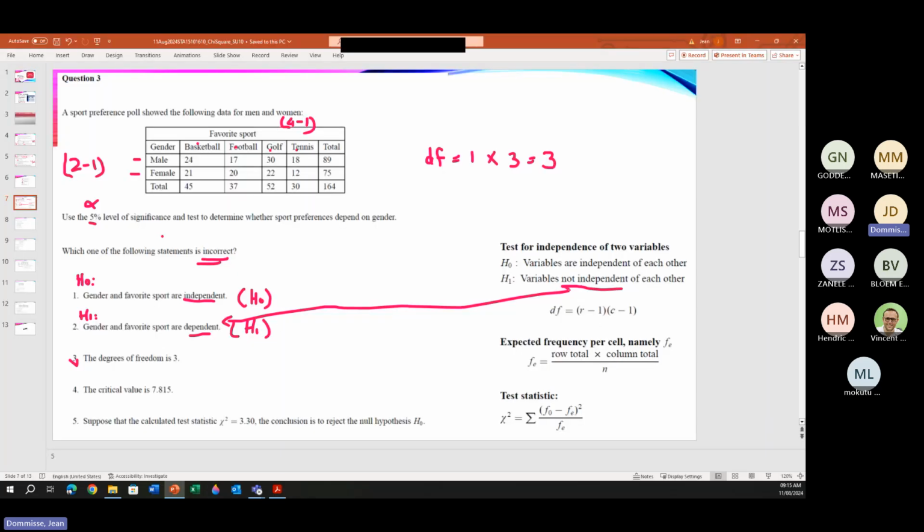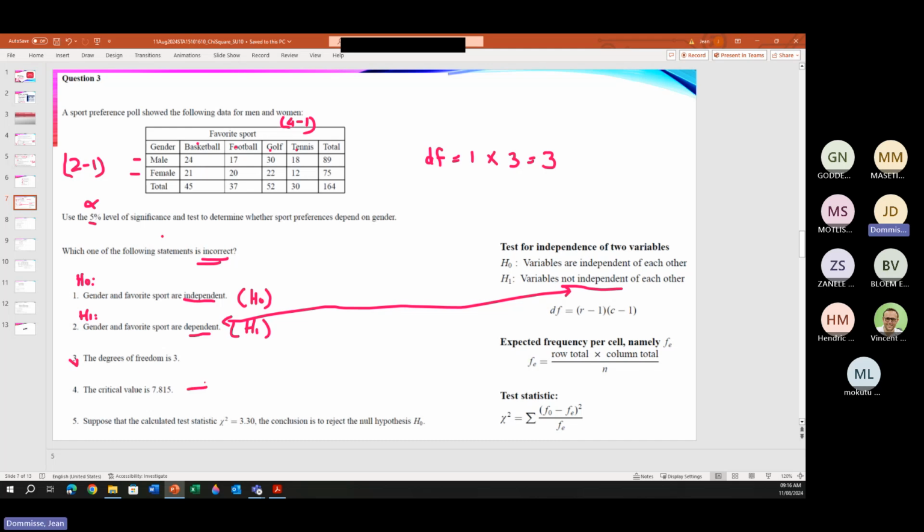Sometimes they use the words not independent, sometimes they use dependent. So sometimes they try to trick me with the English that they're using. So just be on the lookout for all those things that might be similar, but it's actually just a twist on words.